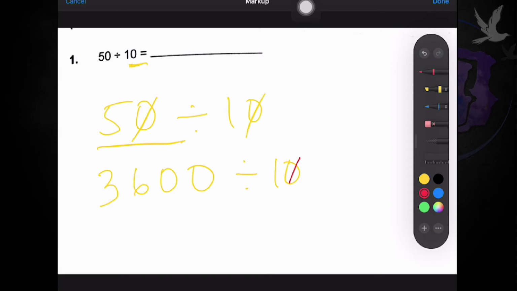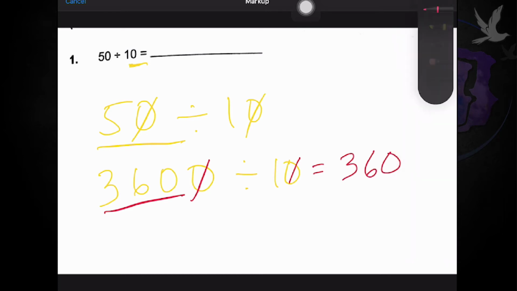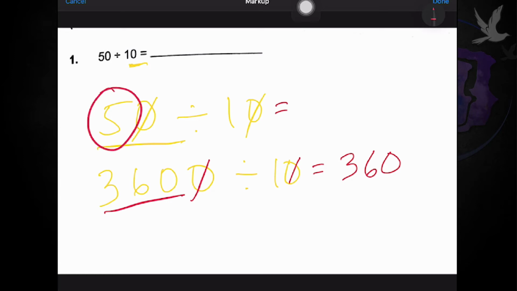So in this case, you also cancel only one zero from our dividend, which is 3,600. Only one, which leaves us with 360. Which means our answer here is 360. And sorry, earlier I was not able to give the answer. In this case, our answer is just 5.